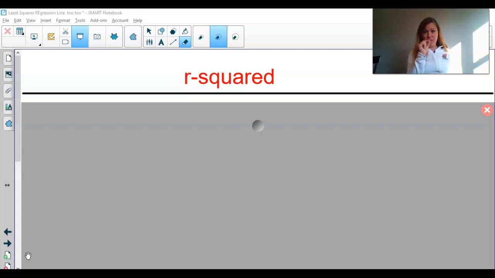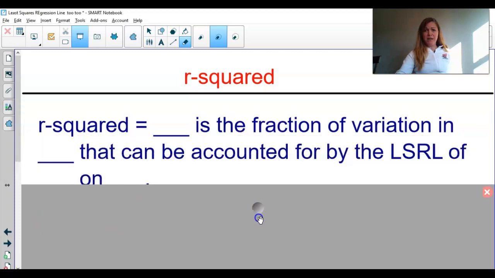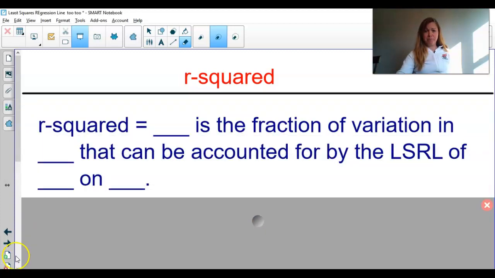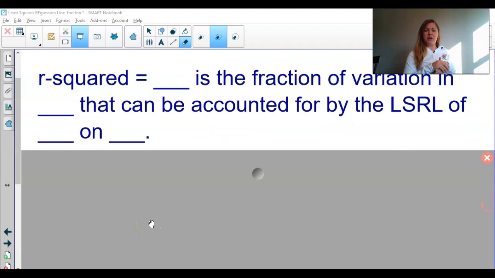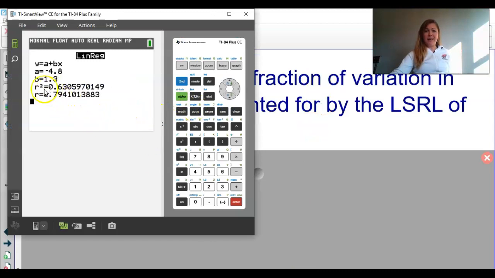The first thing I want you to do is just get the definition down for me, and then we'll talk more about it. So pause your video now and write this down. Okay, so you just paused your video and you're probably looking at this like, what the heck? Well, let me show you one thing. When you run regression, you automatically get an R squared. That's at 0.63059 right there.